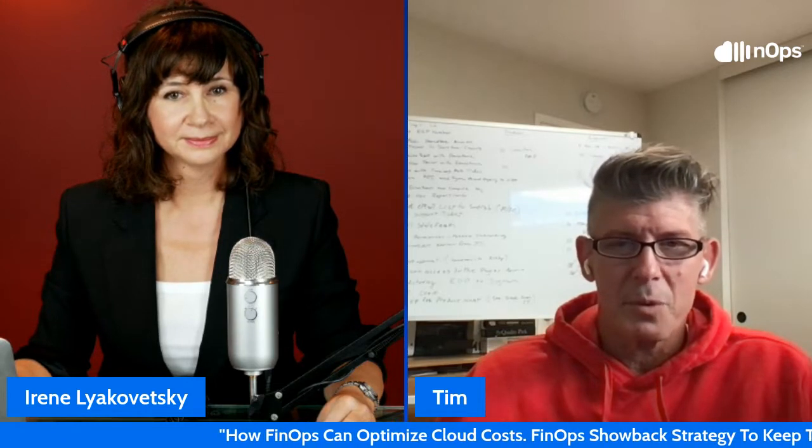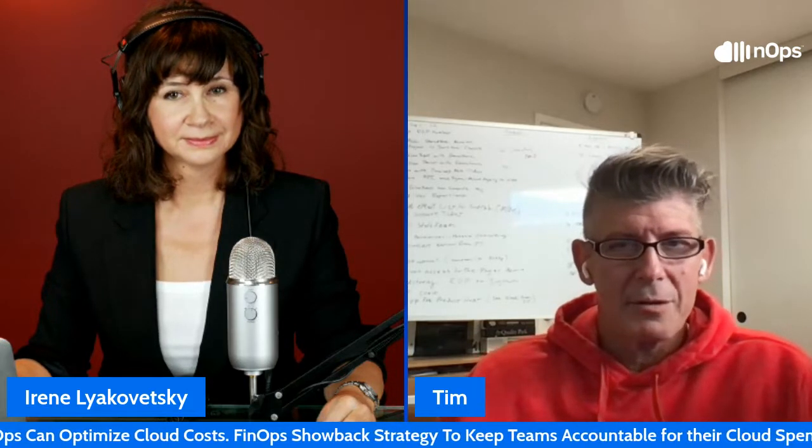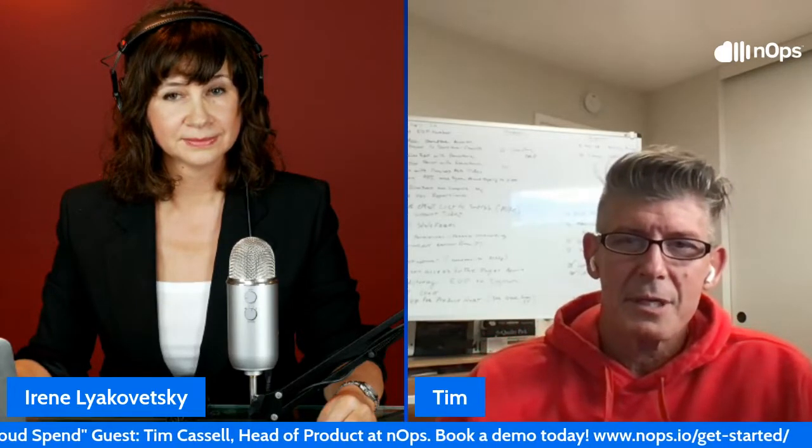That is important, but you want to see it through your lens, and how your company wants to see the spend, and find out where the responsible parties are that can make the changes. That's where InOps comes into play.